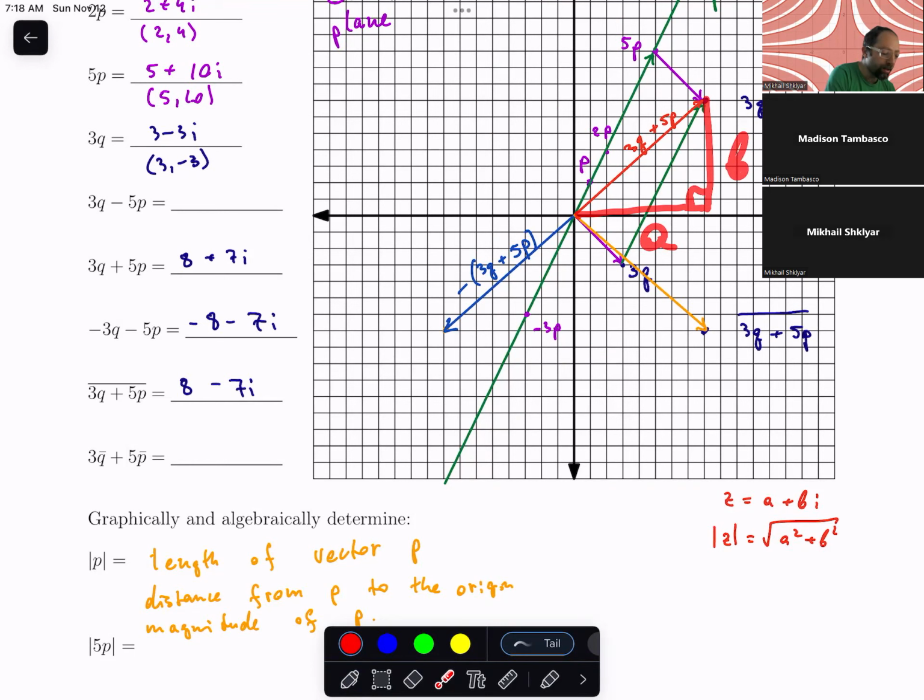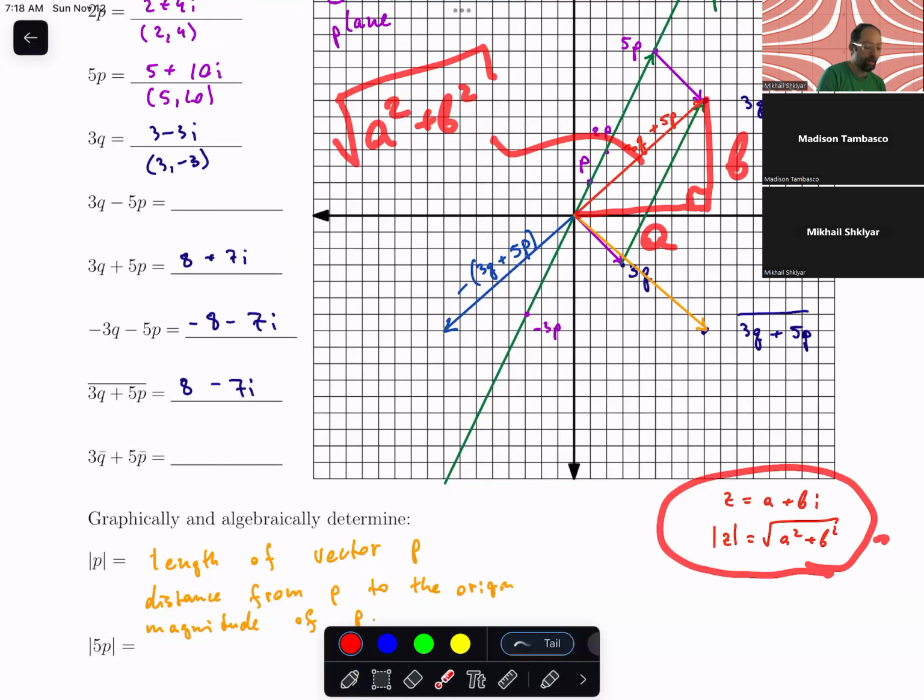So the length of the hypotenuse is going to be the square root of a squared plus b squared by the Pythagorean theorem. So this is how you can see from the diagram, from the complex plane, why it makes sense to define the magnitude this way. Because really in the complex plane, this is just the distance formula from the origin.